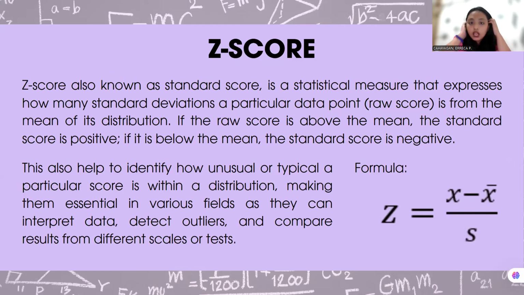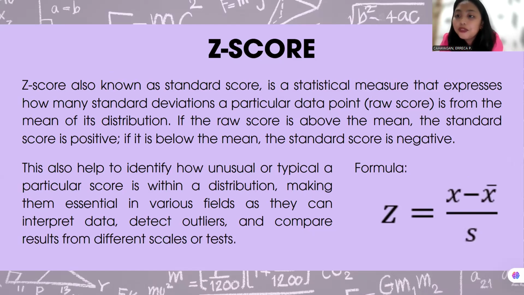So if the z-score is positive, it means you scored higher. If the z-score is negative, it means you scored lower than your classmates. If the z-score is 0, that means you are at the average, exactly the average of the whole.